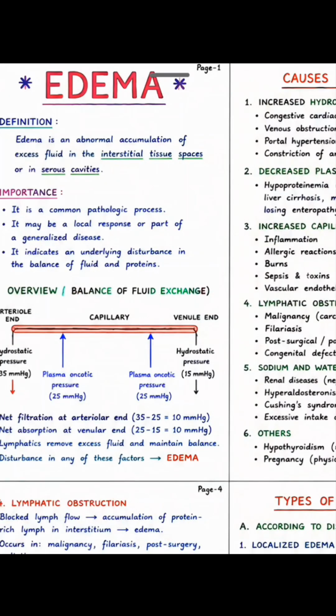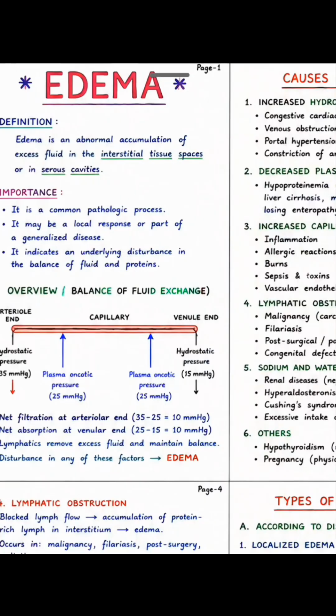Then comes plasma oncotic pressure, which is 25 mmHg, the pulling pressure from plasma proteins, mostly albumin. The net result at the arteriolar end is hydrostatic pressure minus plasma oncotic pressure, 35 minus 25, which equals 10 mmHg.